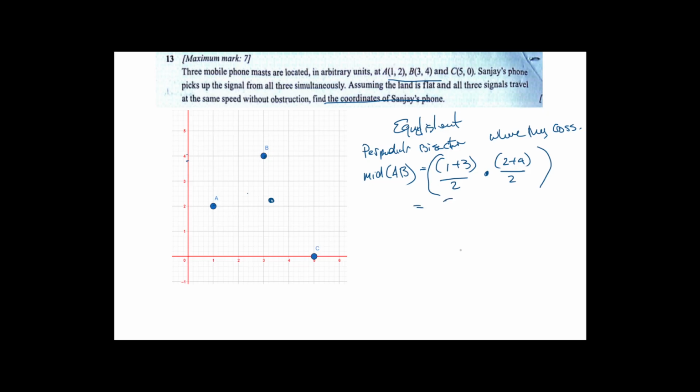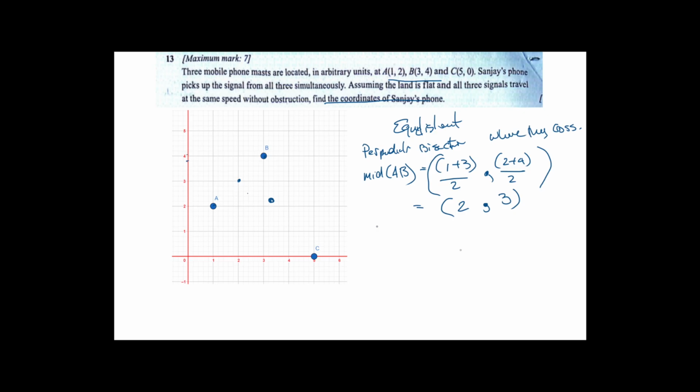So it's going to be 4 over 2, which is 2, comma, 2 plus 4 is 6, divided by 2 is 3. So it's going to be at the point (2, 3). At that point there, and if you look at it, that kind of makes sense.